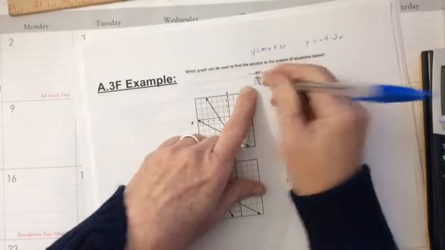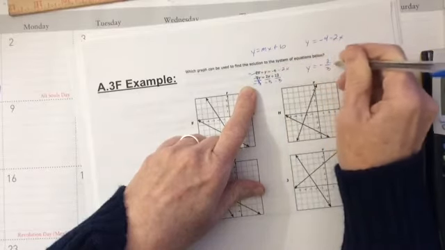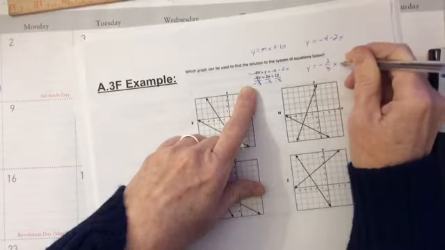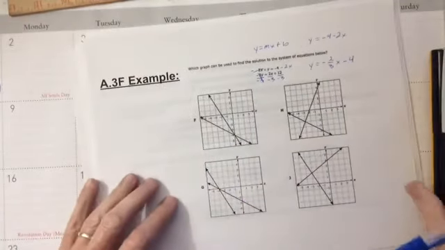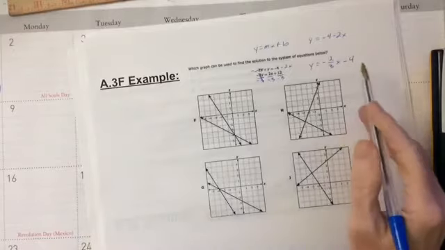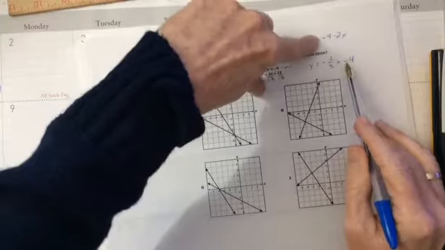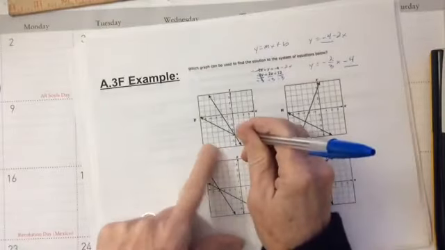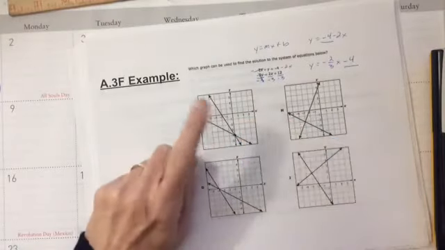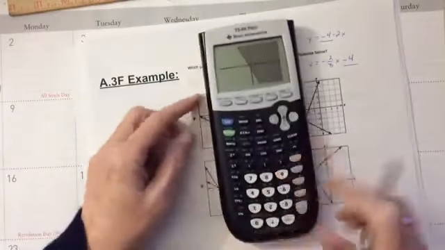That's going to give us y equals -2 over 3 x minus 4. We can put this in the calculator and see what we get. It looks like both of them have a y-intercept of -4, just observing, and so does this one. So we could stop there, but let's put it in the calculator.